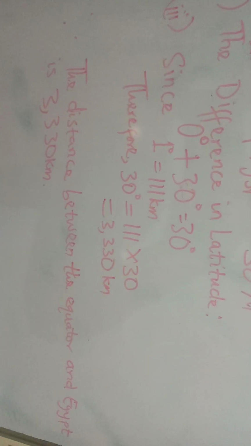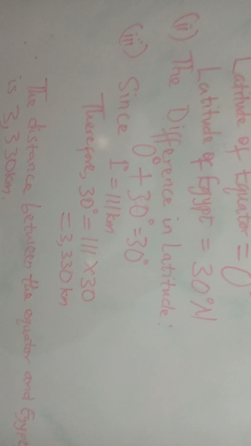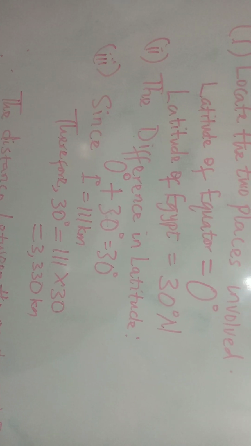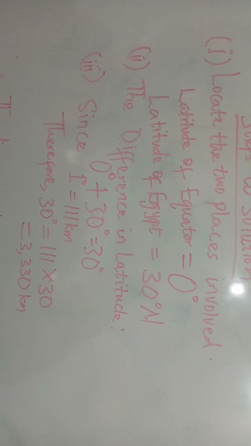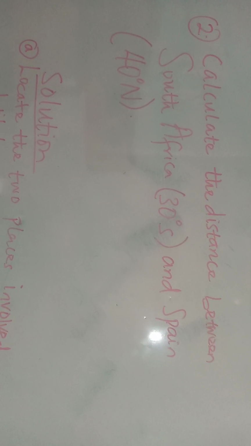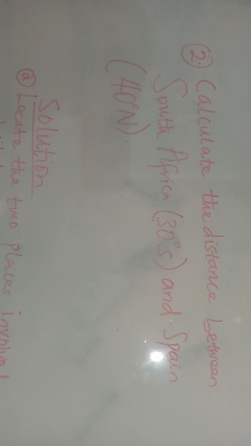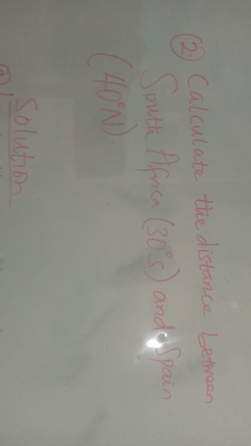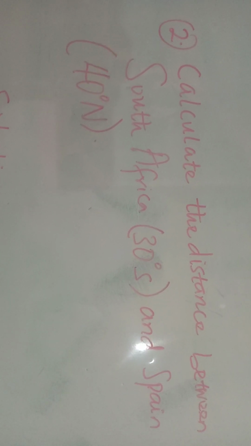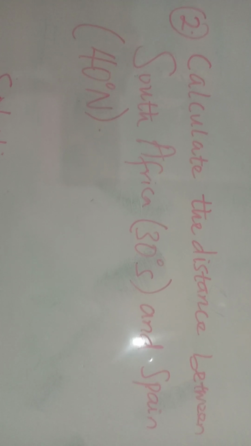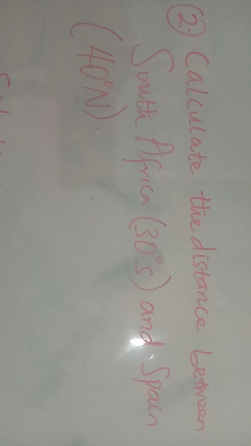I am going to be solving another example using the lines of latitude, which will actually help you. Now, here is another example. Calculate the distance between South Africa, 30 degrees south, and Spain, 40 degrees north. Look at the solution.